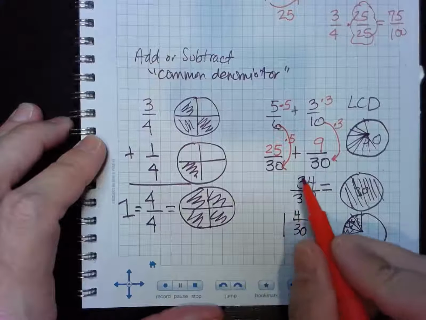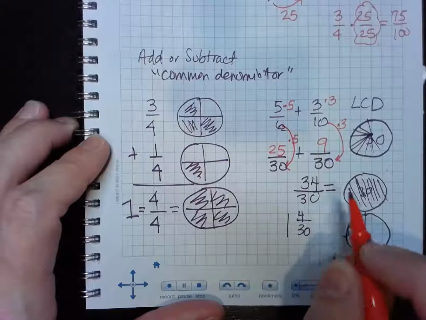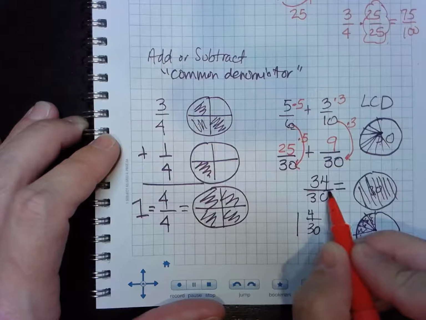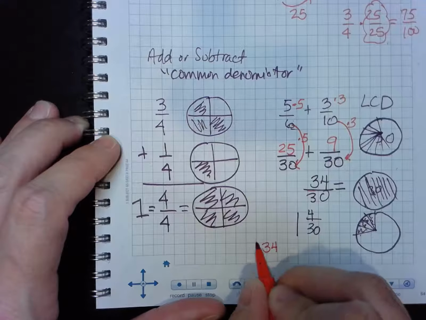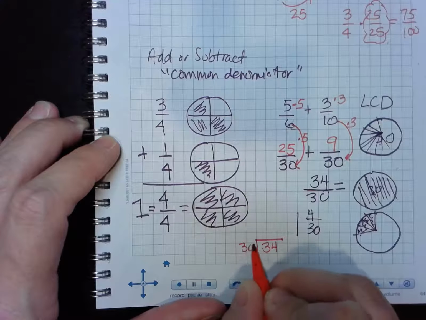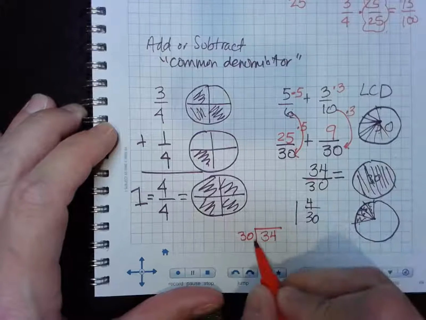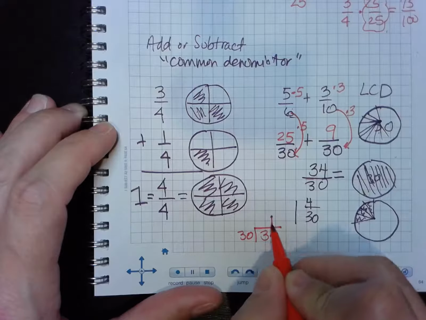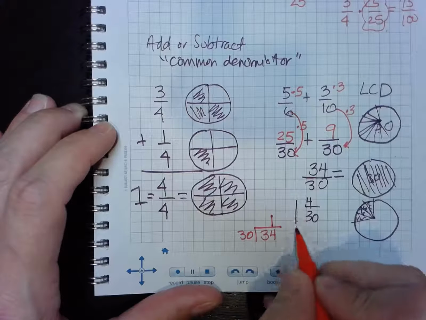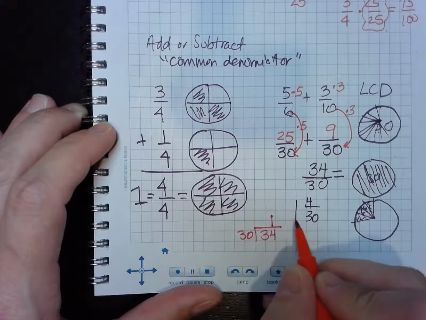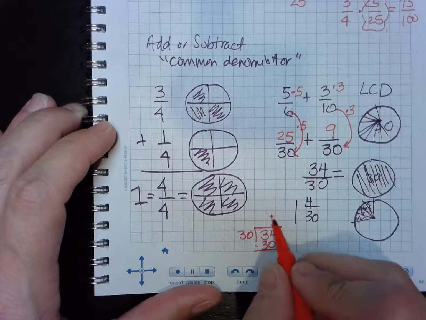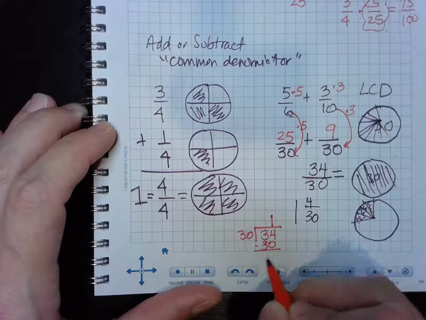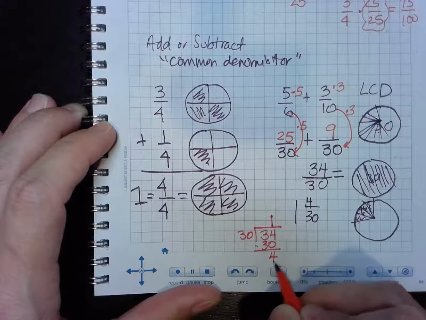You can also use division. If I'm going to use division, remember this is divide, like I said earlier. So this is 34 divided by 30. How many times will 30 go into 34? 1 whole time. Look at my 1 whole right here. So then I write my 30 down. 1 times 30 is 30. 34 minus 30, that gives me 4 left over.